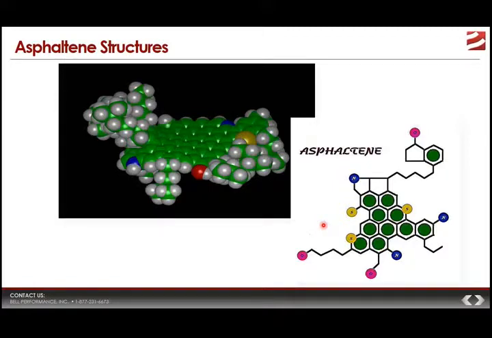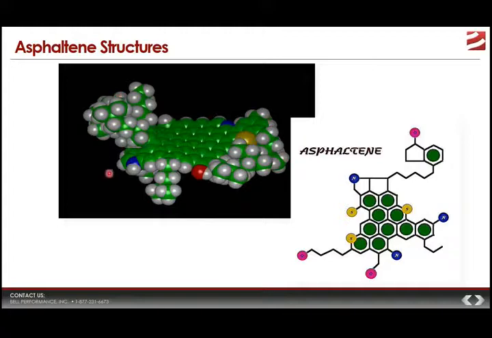Now, asphaltenes consist primarily of carbon, hydrogen, nitrogen, oxygen, some sulfur, as well as trace amounts of things like vanadium or even nickel. The carbon-hydrogen ratio is approximately 1 to 1.2, so it's very low, depending on what source you're looking at. And the average molecular weight of an asphaltene molecule is 400 to 1,500 units, which is really, really large.